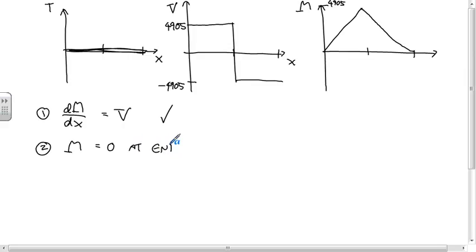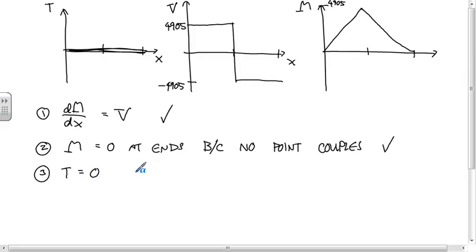At ends, because there's no point couples at the ends. Okay, so that one works. There are two more. There are point forces at the endpoint, so we do expect. And we can actually even break that up into horizontal versus vertical ones. The tension should be equal to 0 at the ends because there's no point horizontal forces.